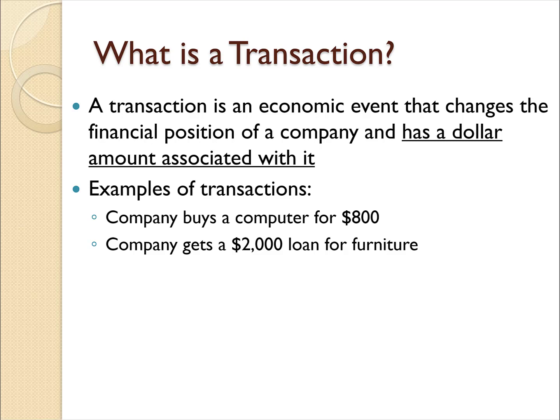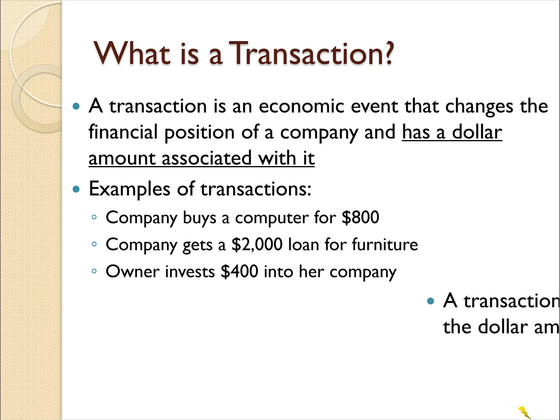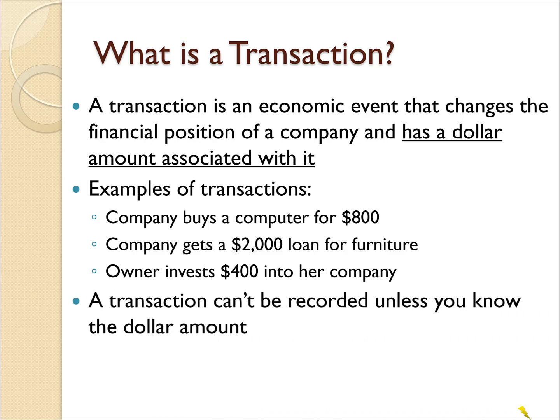So we have furniture that we have to keep track of in a separate account, and we now have a $2,000 loan we have to keep track of. Another example of a transaction, the owner might invest $400 into her company. So that also affects the cash account, and we need to keep track of the owner's investment. Now just remember, a transaction cannot be recorded unless you know the dollar amount.